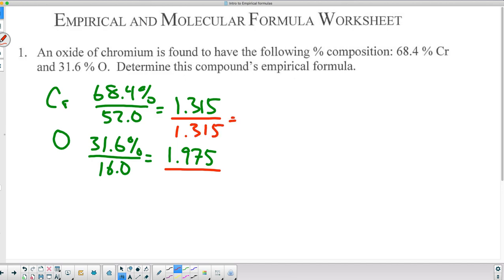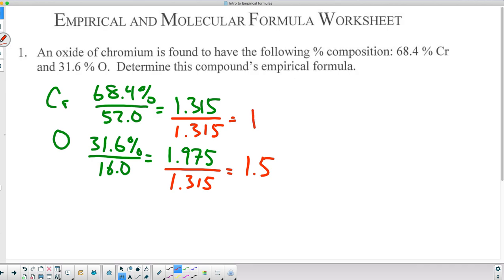Okay, so it looks like I'm going to get a 0.5 immediately here. So all I do is take the 1.975 and divide that by 1.315. My answer is 1.502, which is close enough to 1.5.